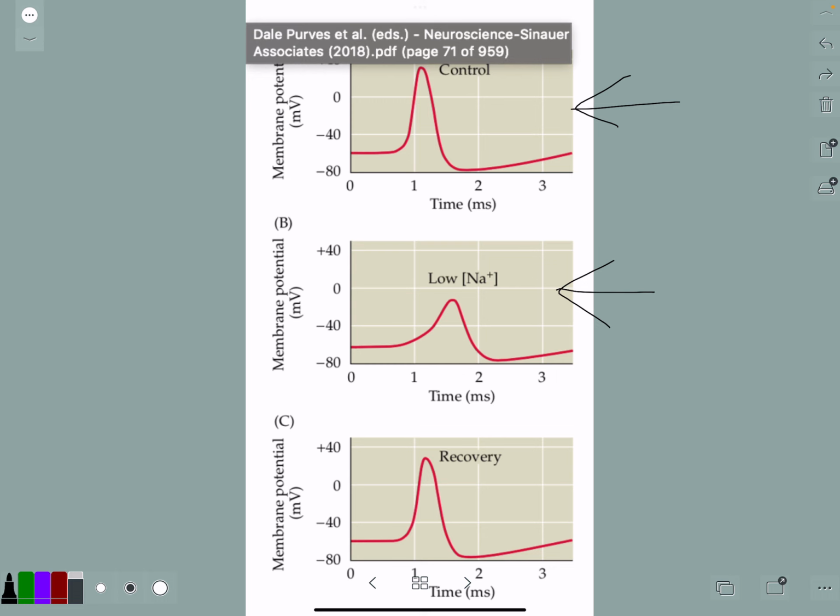Now, it was asked in class, I thought action potentials were all or nothing, and that you couldn't have stronger or weaker action potentials. And that is the case in an endogenous, unmanipulated, normal action potential environment, because the concentrations of sodium and potassium and the other ions involved aren't changing.